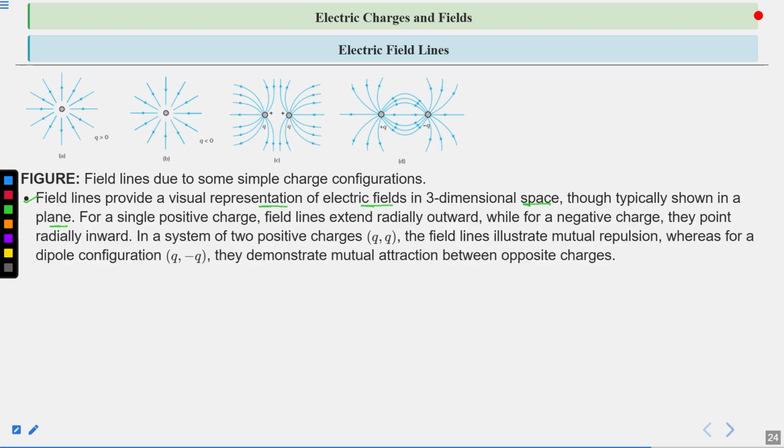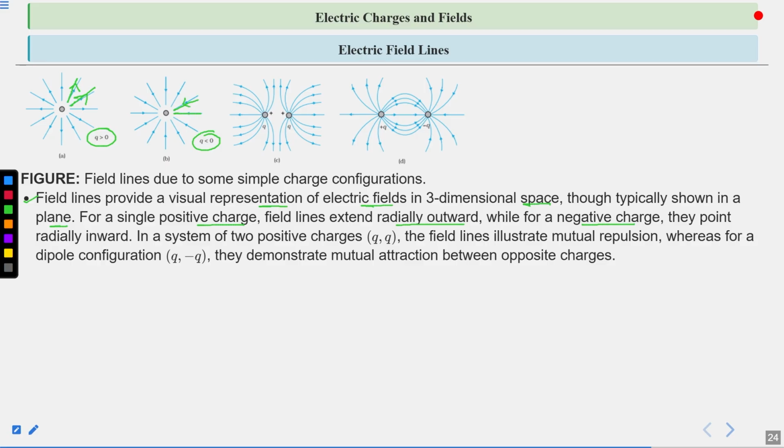For a single positive charge, q greater than 0, field lines extend radially outward in all directions. While for a negative charge, q less than 0, they point radially inward.